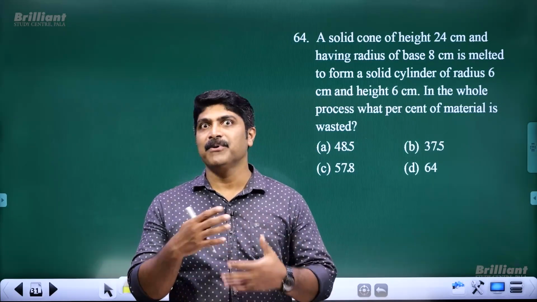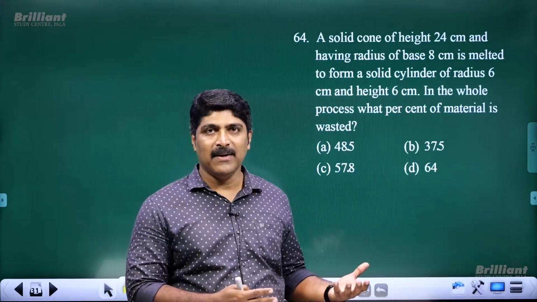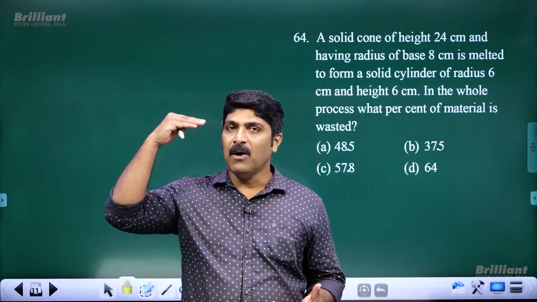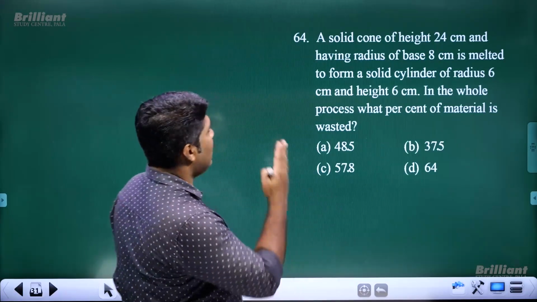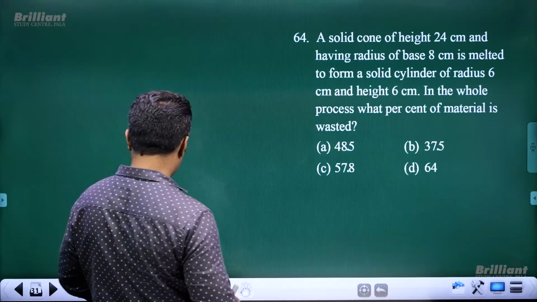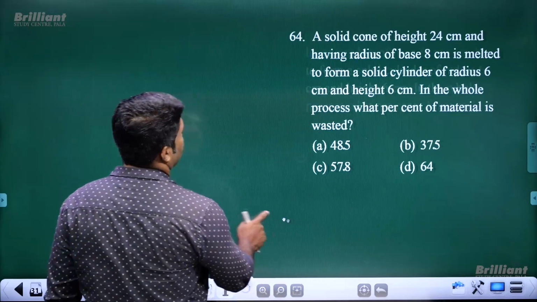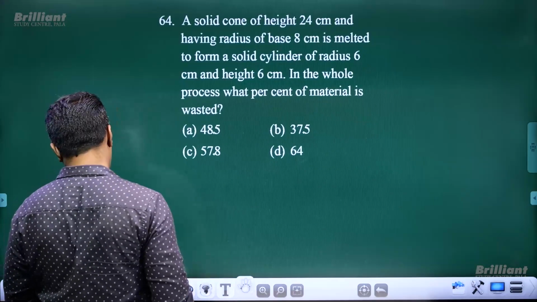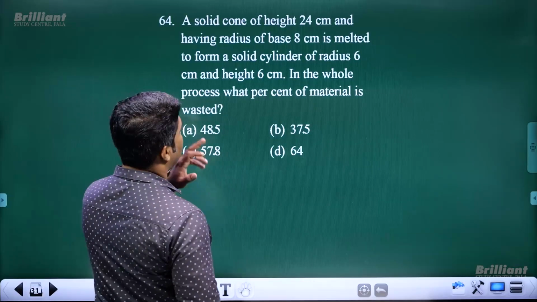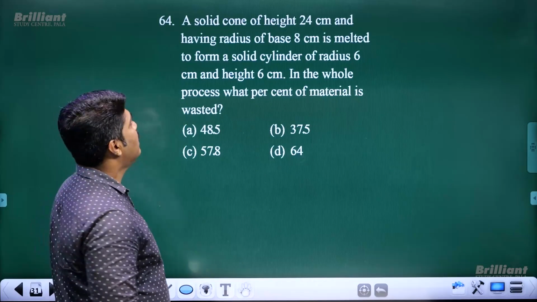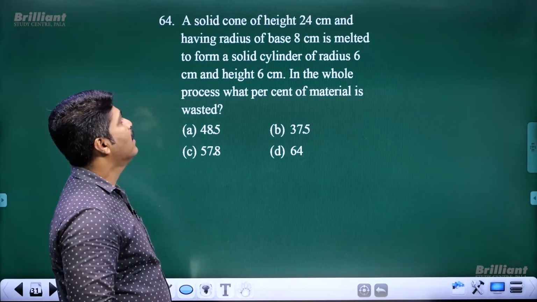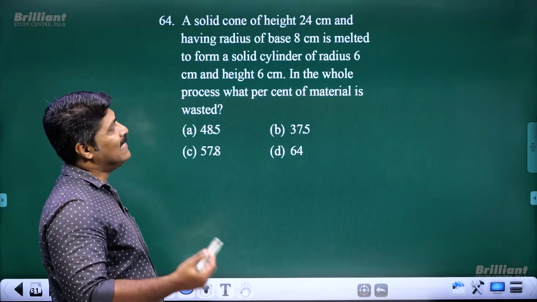So how to improve that skill in percentage calculations, and you have to recall almost all the important results related to geometry. Here also it's a case of a solid cone. So we just consider the measures or the results related to a solid cone. Height is 24 centimeter and radius 8 centimeter, melted to form a cylinder.